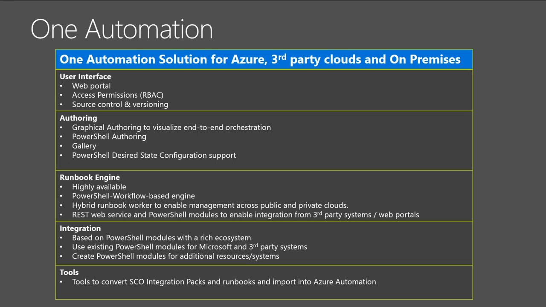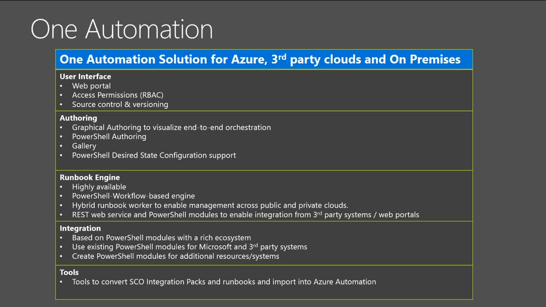We also have PowerShell desired state configuration, where instead of doing imperative programming to do certain work like configuring VMs, you can use a very declarative approach using these PowerShell DSC files. Azure Automation will be a pull server for those files, and you can store them and manage them right within Azure Automation. So you're getting into multiple ways of automating your systems.